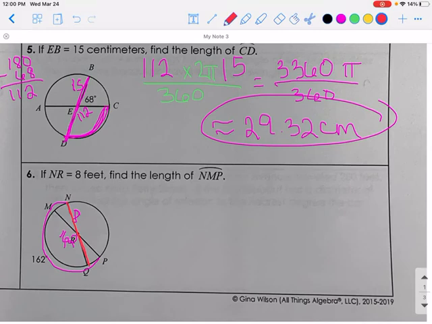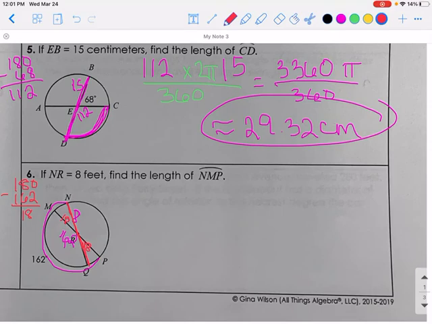So I need to do, this is half a circle, 180 minus 162. And I should get 18. Which means the remaining part, this little guy right here, is 18. And I have vertical angles, so if this little guy here is 18, this little guy down here is also 18.